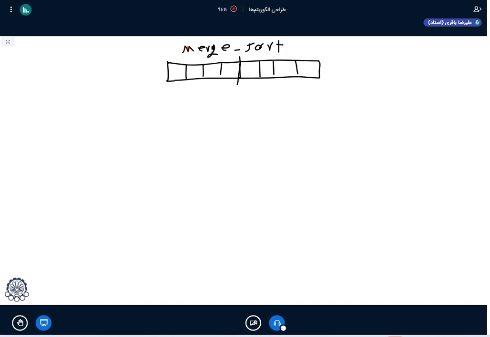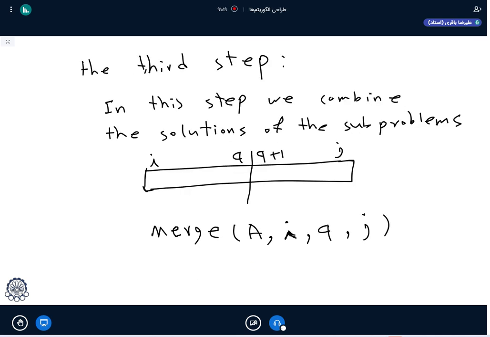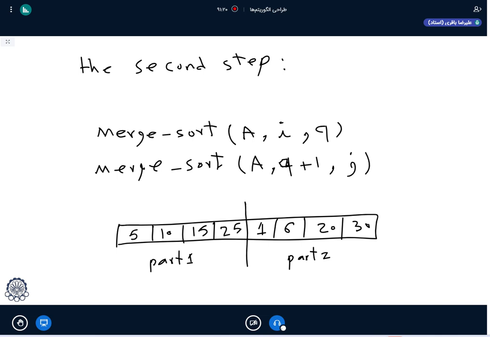When we call merge sort, it makes two function calls, as you see in the code. Here we have two function calls, a function call for the first part and a second function call for the second part.